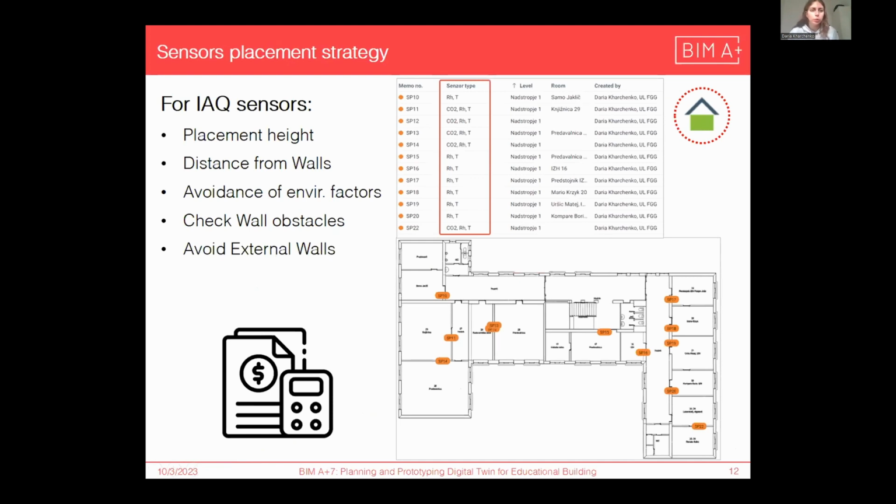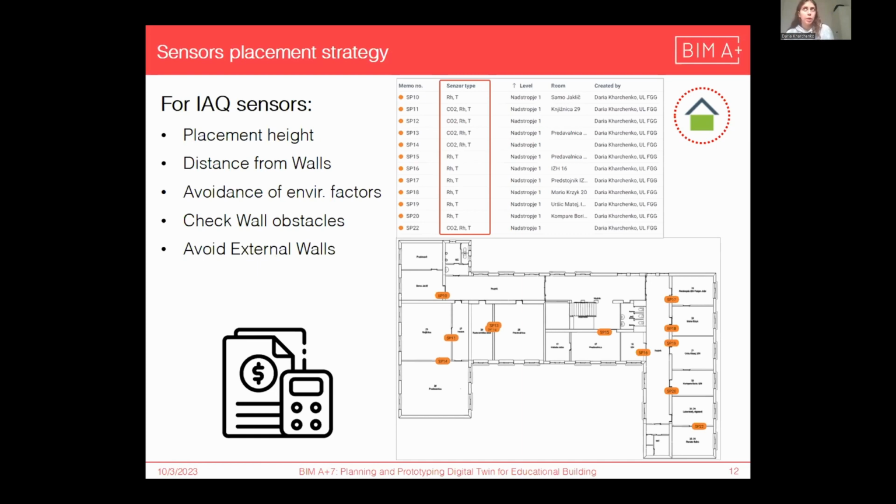Also part of the process was a sensor placement strategy. Here I used Dalux Field for these purposes, and as an example, air quality control sensors I placed at a specific height.